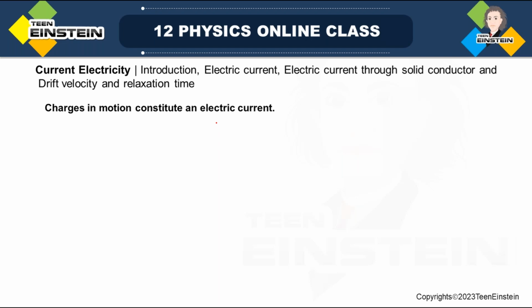We can learn it factually as we go along with the discussions today. In case of static charges also we see some kind of flow or motion of charges. So electric current is flow of charges.